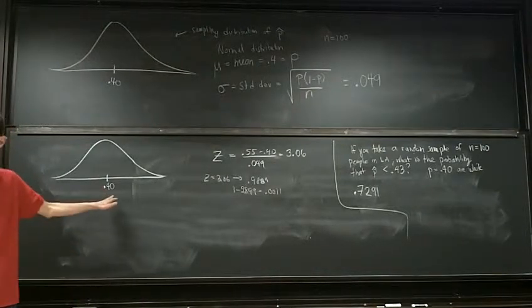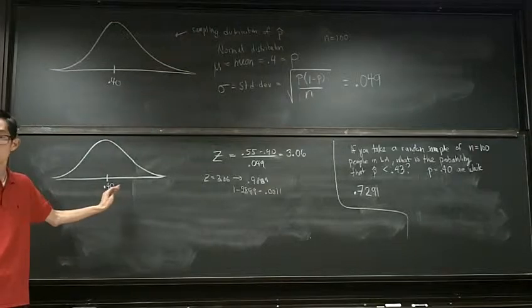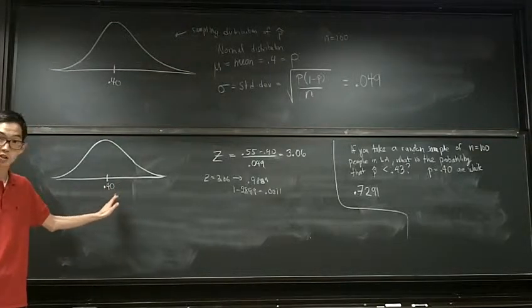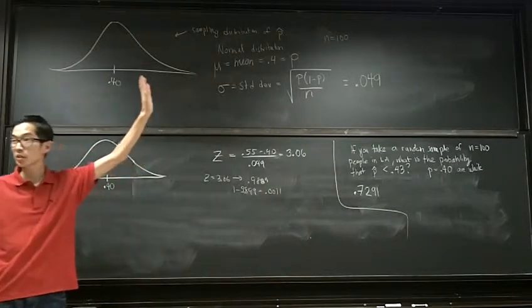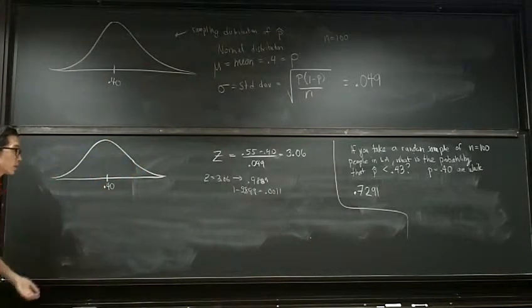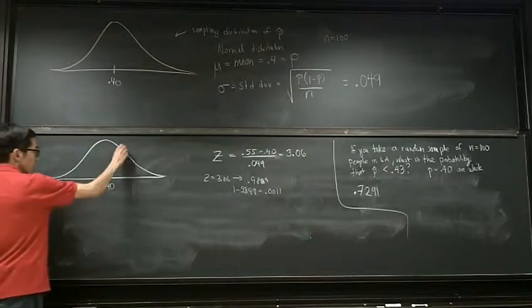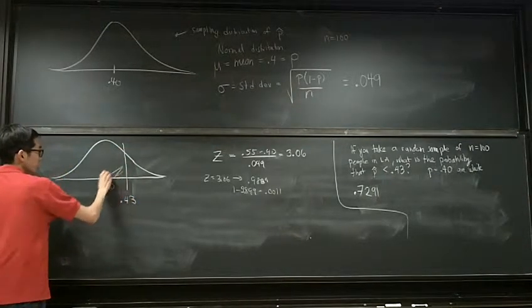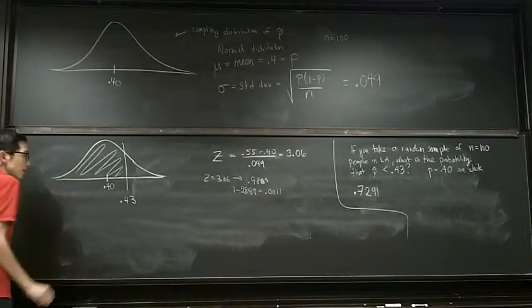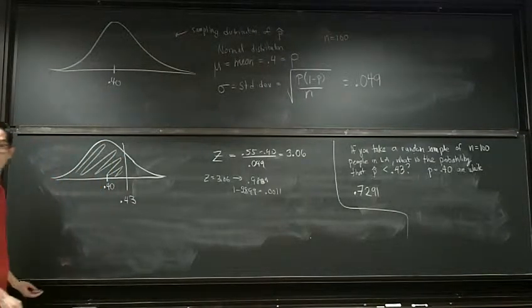My mean is still 0.40. And what's my standard deviation? It's still 0.049. Nothing has changed. My p and my n are all the same. And where am I drawing my line? At 0.43. And I'm asking what's the probability that p hat is less than 0.43.